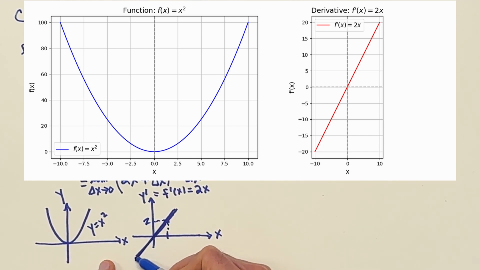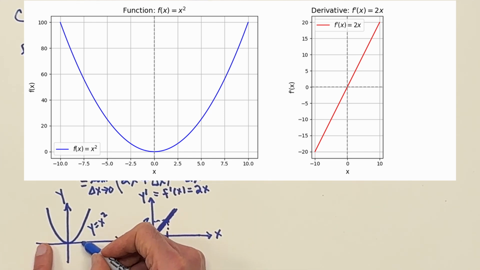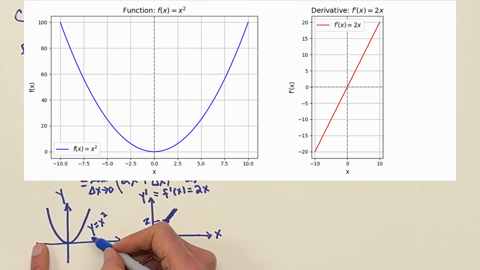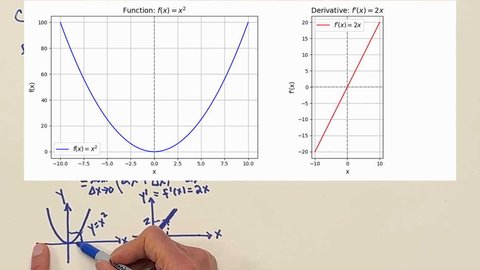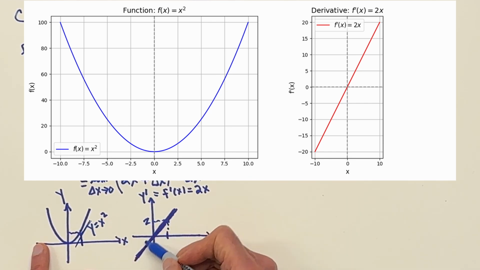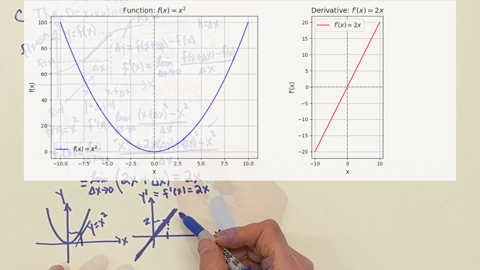Perhaps a little steeper than I drew it there. So just imagine that you're 1 step over, 2 steps up. So that means here, if you go 1 step over like this, then you only go 1 up because 1 squared is 1, but the slope here is 2. So the slope here would be 2.